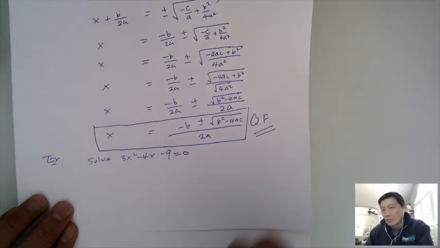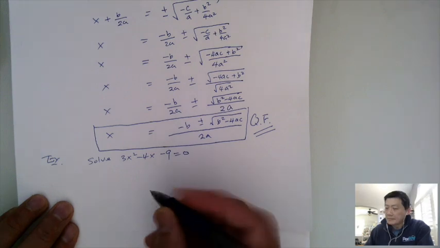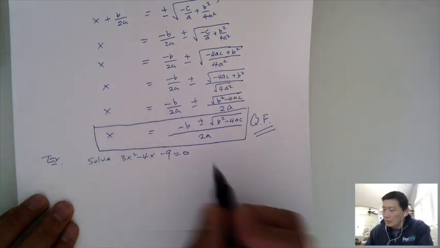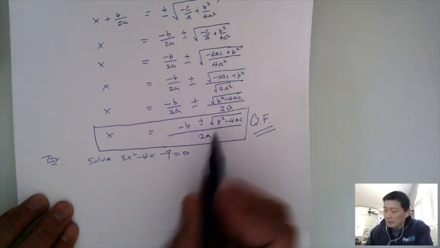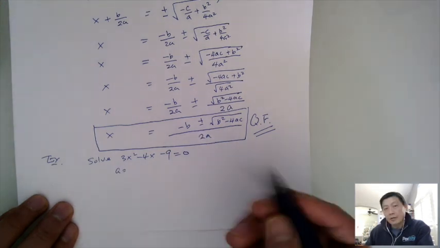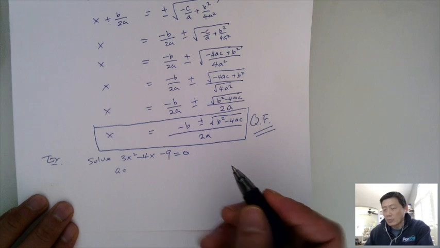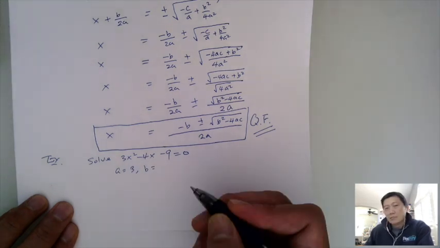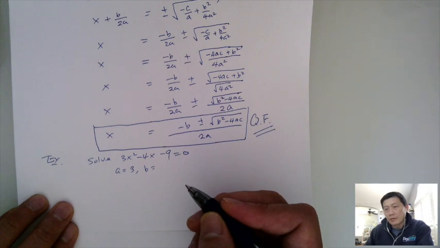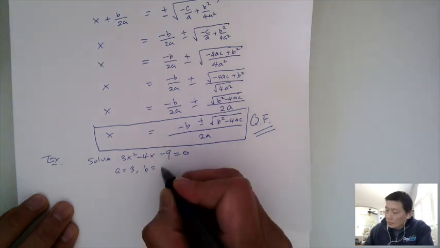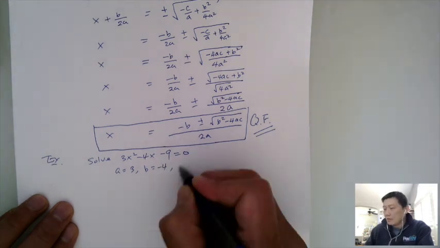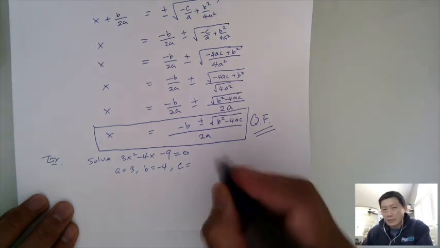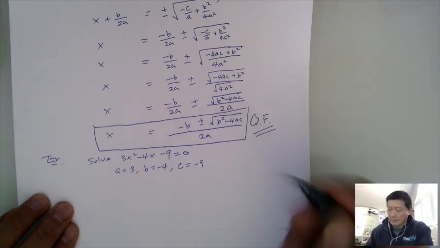Then I'm just going to go ahead and use the quadratic formula. If it's the quadratic formula, I need to identify the a, b, and c so that I can simply apply the formula. A is always the value in front of the x squared term, so that's 3. B is the value in front of the x term, so it's negative 4. C is just the constant term. In this case, it's negative 9.